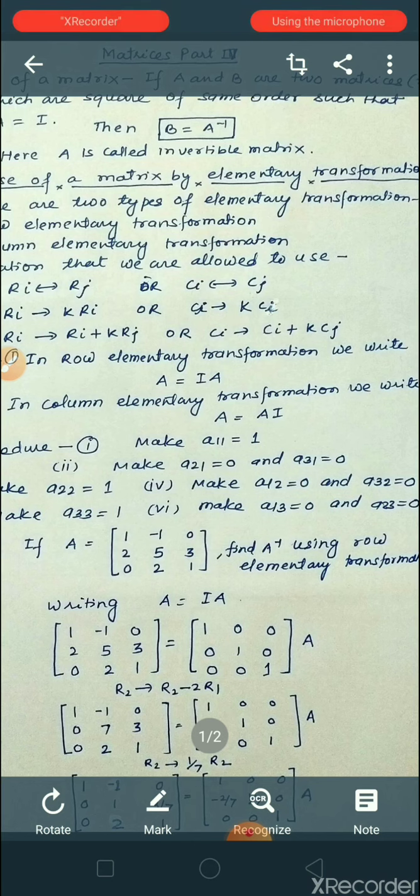So we make the necessary changes in LHS, and the same operation will be followed in the identity matrix.